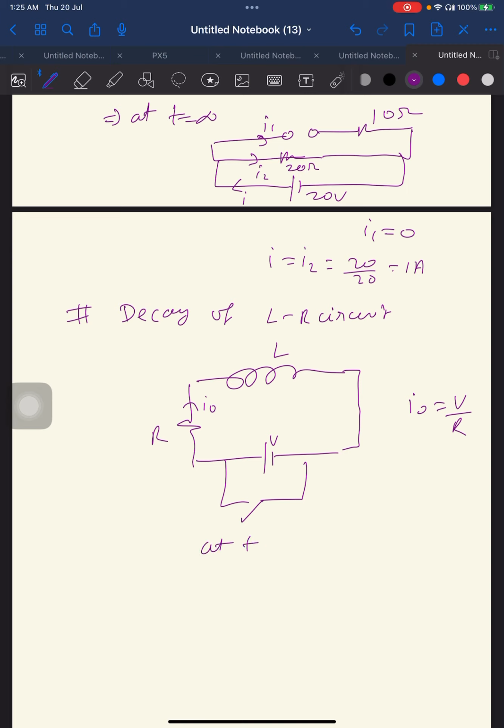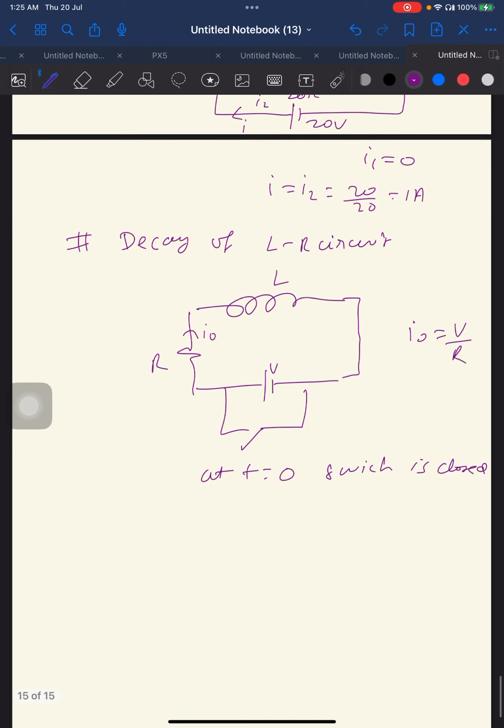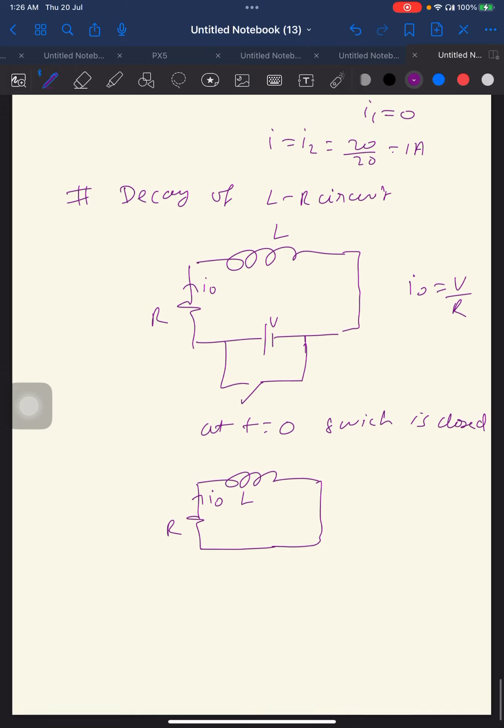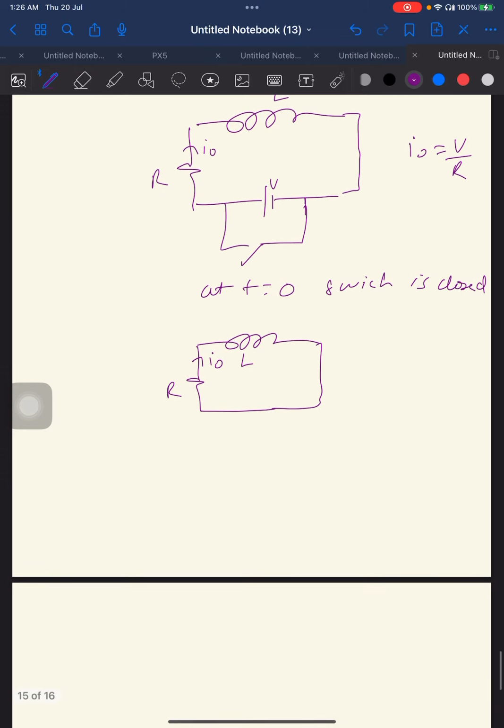Now at t equal to 0, the switch is closed. Even though the switch is closed, the current will not suddenly change, because the battery will become a short circuit now. The current is not instantaneously going to change. That is the property of an inductor: it opposes the current change and provides energy on its own from whatever it has stored.